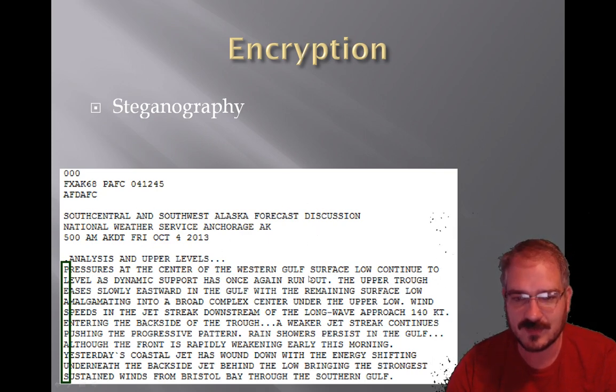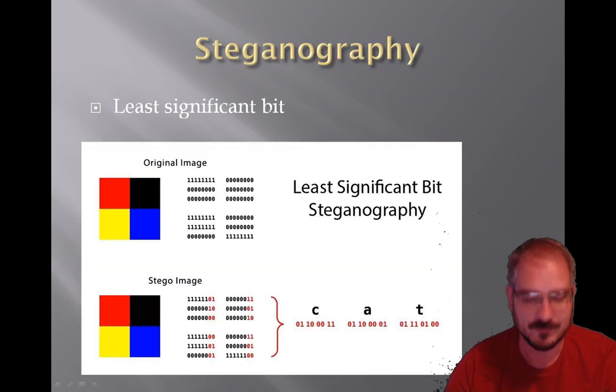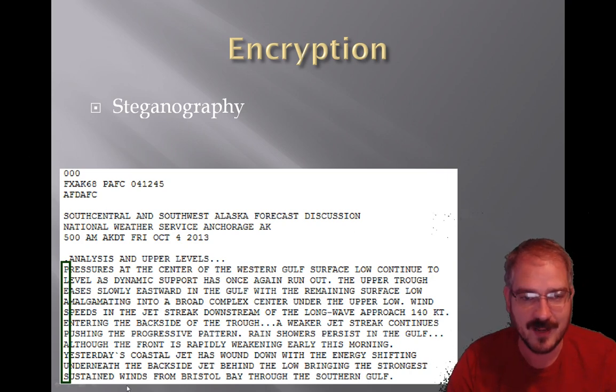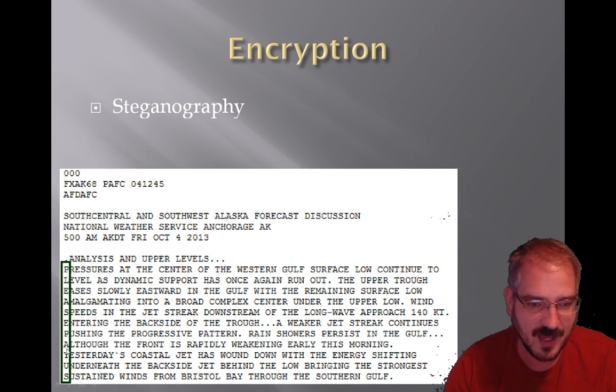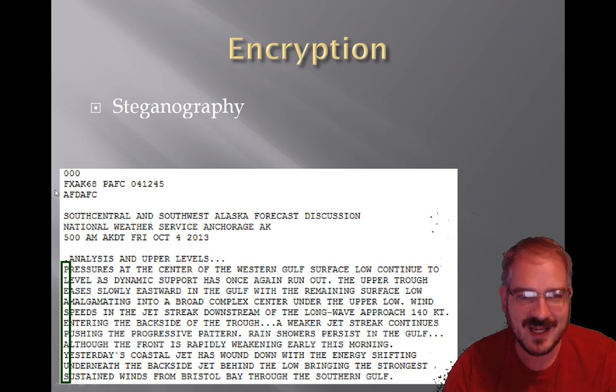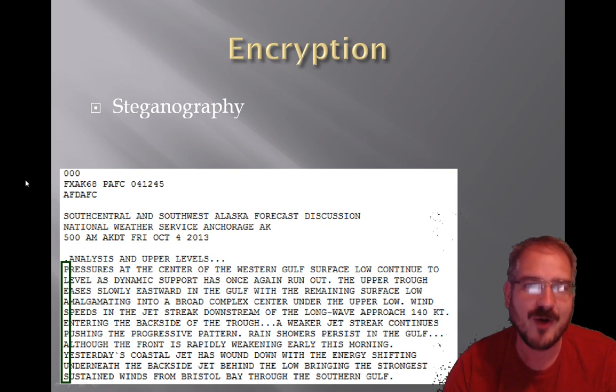So they send out this long message about the weather all around the Anchorage, Alaska area. But hidden within this larger message, there's this. If you read the first letter of each line, it says, please pay us, i.e. they're sending a hidden message within their weather bulletin about that government shutdown and how upset they were about it.